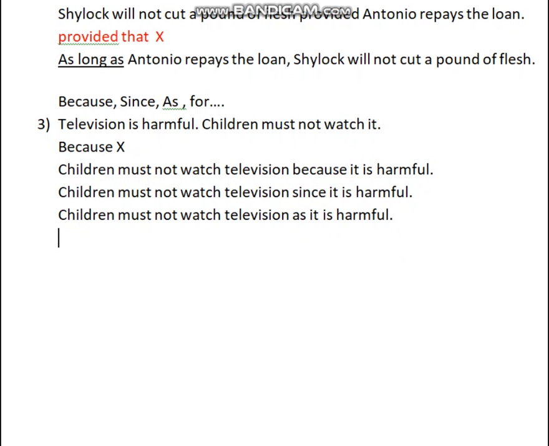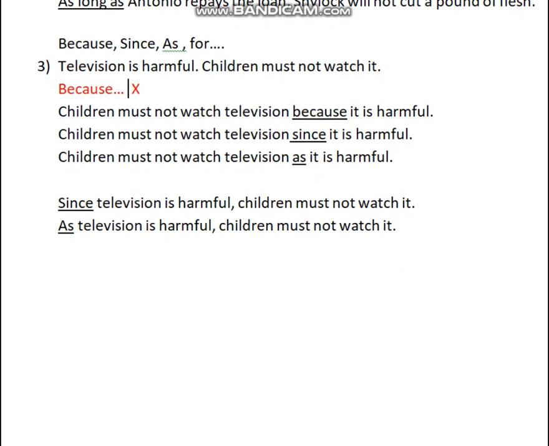So these are the three options. Here I have used these conjunctions in the middle of the sentence. If you have to begin with these, you will put a comma in the middle, separating the two clauses, and these will introduce the reason, since and as.